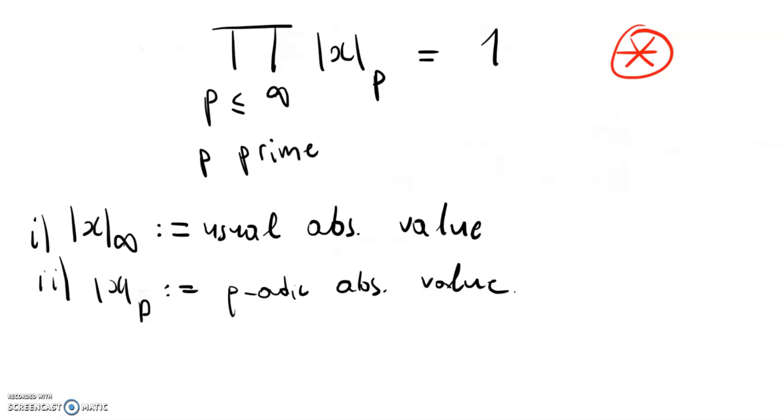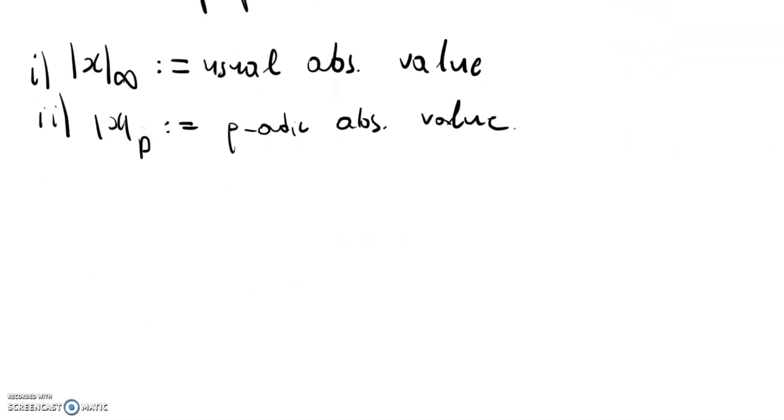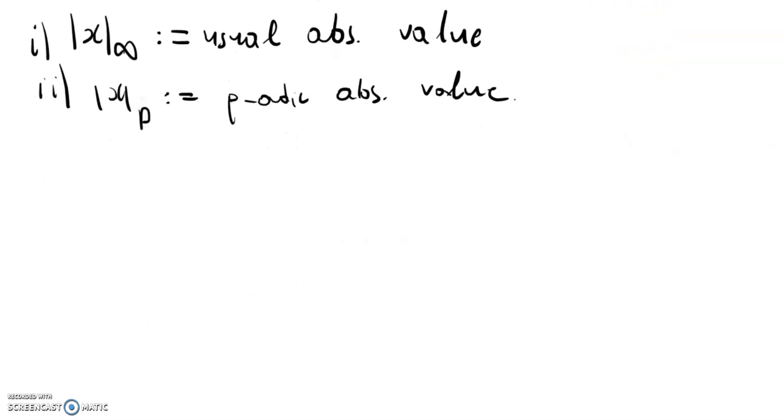Before we start proving the theorem, I would like to briefly recall how one can define the p-adic absolute value. In order to define it on Q, first of all we start with integers.